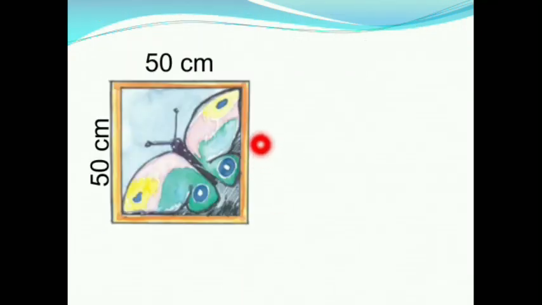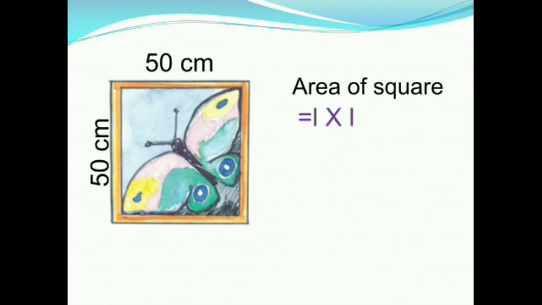Children, now we should find out the area of this figure. How does it look? Yes, it looks like a square. To find out the area of square, which formula we can use? Yes, L into L. L means length. What is the length of this figure?